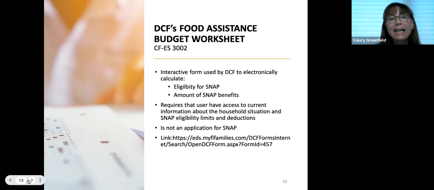This form is an interactive form that's used by the Department of Children and Families, and now all of us, to electronically calculate both eligibility for SNAP and the amount of SNAP benefits a particular assistance group will get. It does require that anyone using the form have access to current information about the particular household applicant situation, as well as information that's published about SNAP eligibility limits and deductions. This is not an application for SNAP. This is a worksheet that helps us figure out the amounts. Next slide.